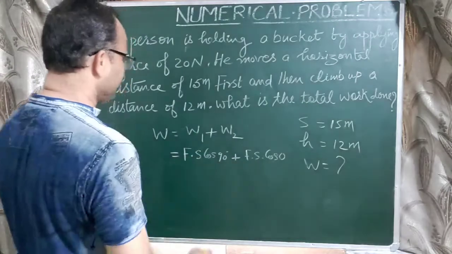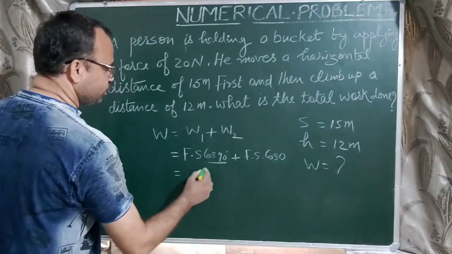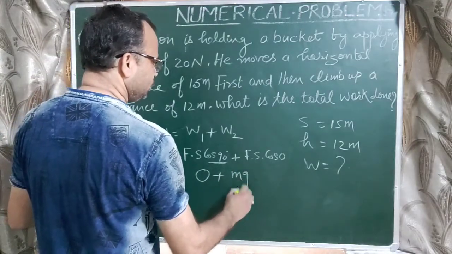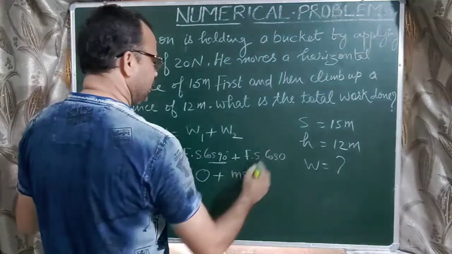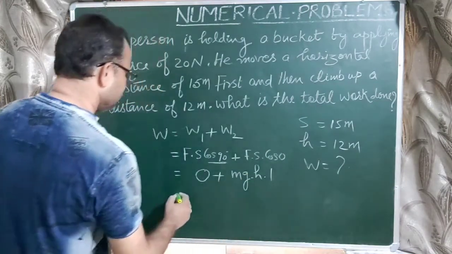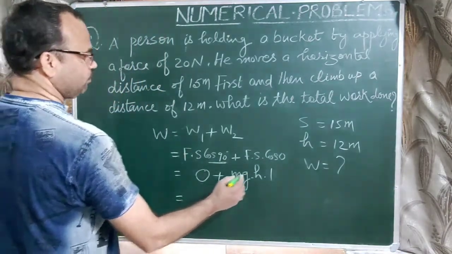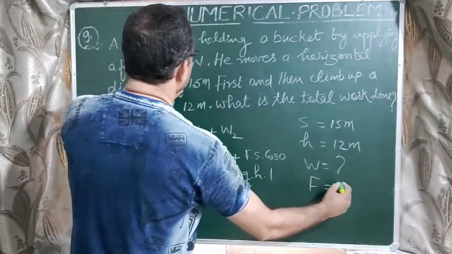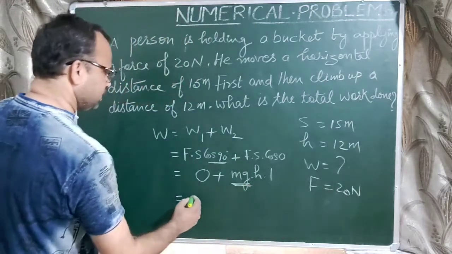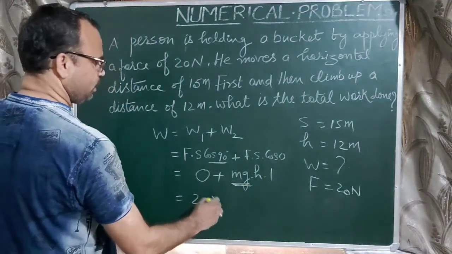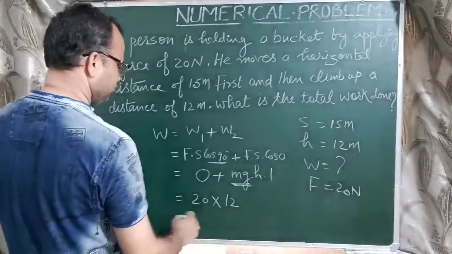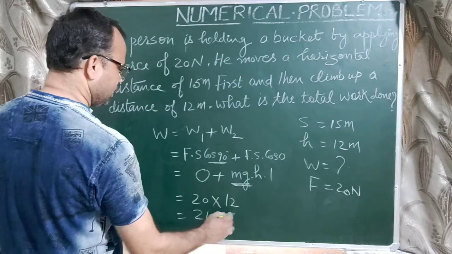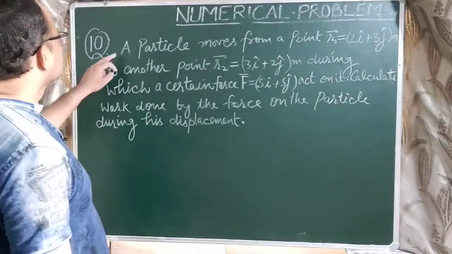The value of cos 0 is 1. Here the value of cos 90 is 0. So 0 plus the value of F, which is mg, into S, which is h, into 1. So W equals mg, which means force. Here the force is given as 20 Newton, so 20 Newton into the value of h, 12, that is 240 joule.